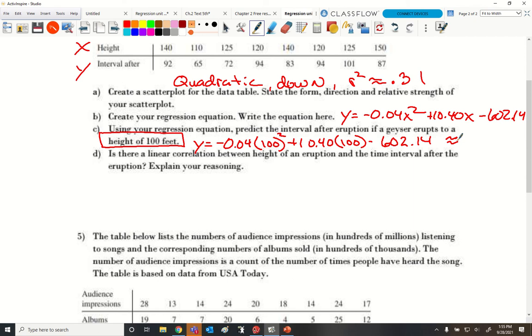There, okay, hold on, negative 0.04 times 100 squared plus 10.4 times 100 minus... What'd you come up with? 37? Okay. All right, so we come up with about 37. There we go. And that's part of my interval, so it's not height. It's not feet.